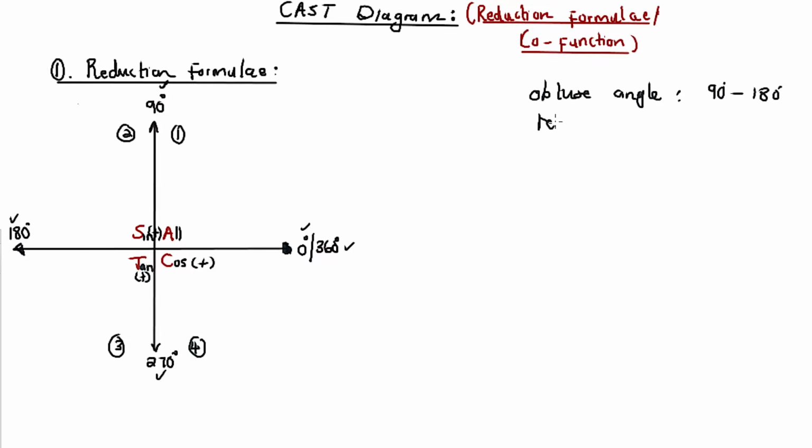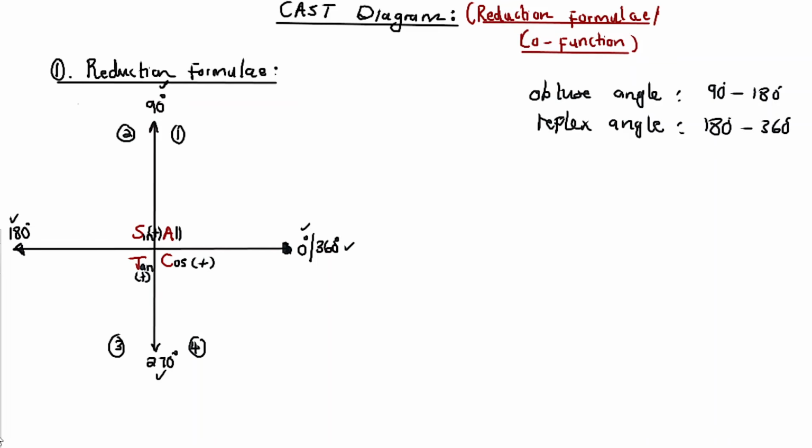And then we also have a reflex angle that is bigger than 180 but less than 360. I hope I got this right. Any angle that is bigger than 90 degrees is reduced using reduction formulas.